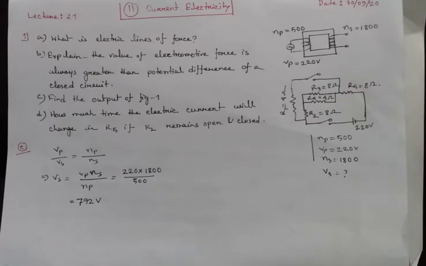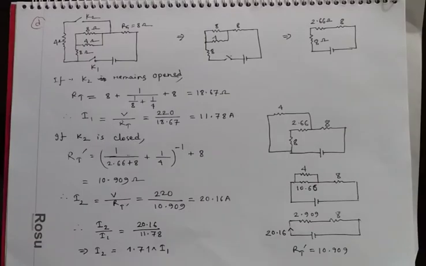So let's try to solve this question. We will try to solve it in some different parts. First of all, we will consider key 2 to be open. That means key 2 will not be active in the circuit.